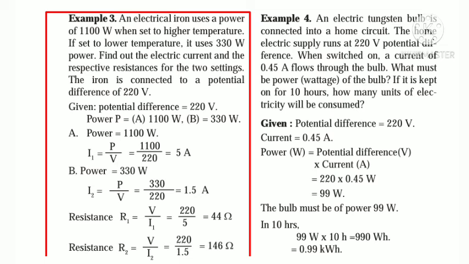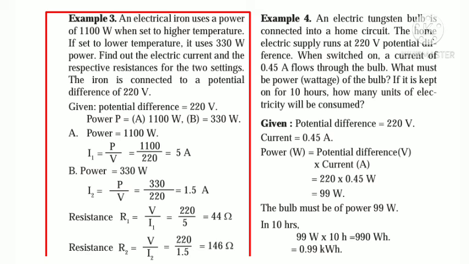Voltage is constant, 220 upon I1 is equal to 5 is equal to 44 ohm resistance in part A of this example. And for part B, resistance R2 is equal to, voltage is constant, 220 divided by I2 is equal to 1.5. Therefore, the resistance R2 is equal to 146 ohm.